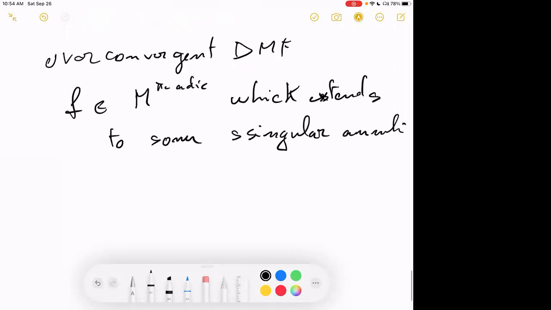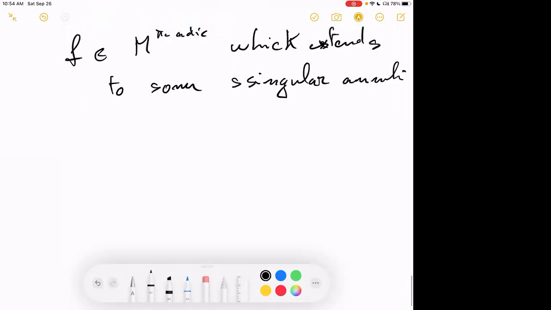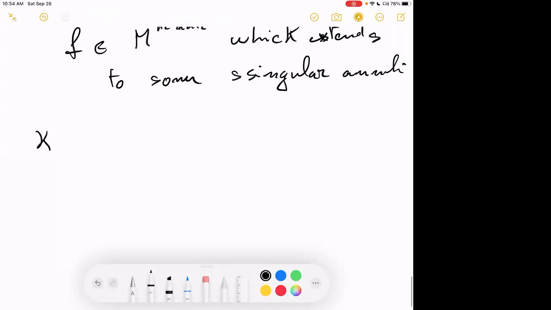And maybe we can interpolate overconvergent Drinfeld modular forms. So the idea is that you take kappa, an analytic character of A_pi star into K bar star, a completed analytic character.